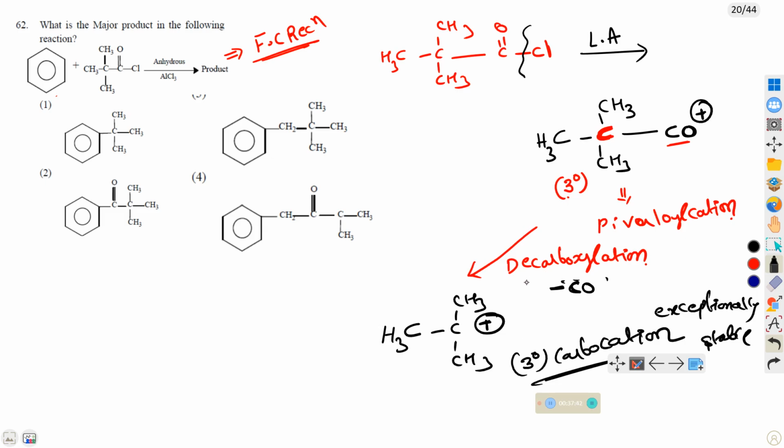That's the reason the CO group is removed. Now in the electrophilic attack, benzene attacks the electrophile, then it gives tert-butylbenzene. The first option is the correct option.